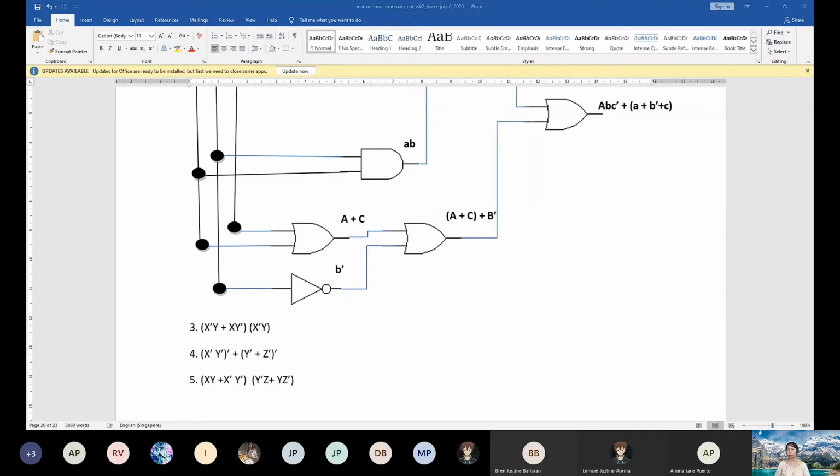So my clock here says 3:26. Okay, 3 minutes left, 3:27.